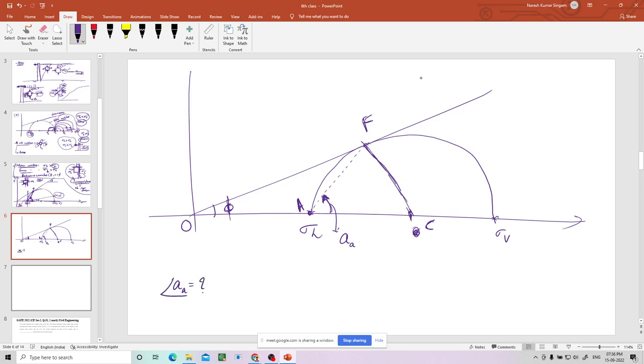Angle A, nothing but FAC. What is FAC? You may not know the proof, but you can tell me.